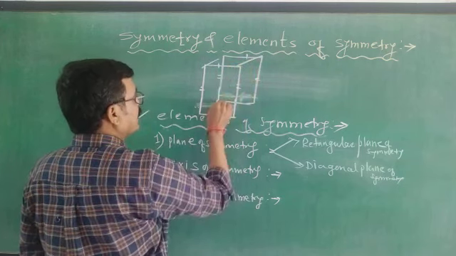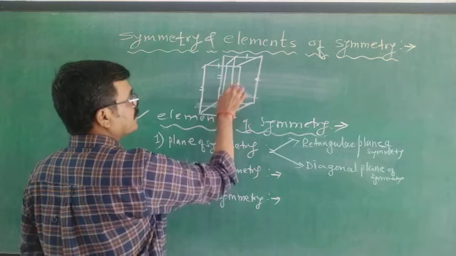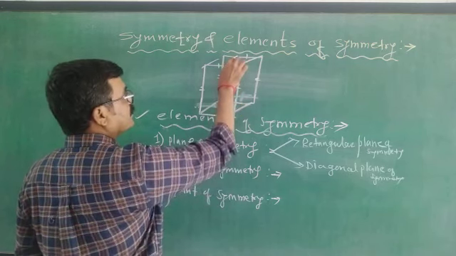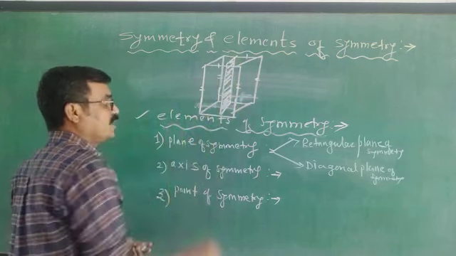Now here, if such a plane is drawn from the center of opposite faces in the rectangle, which divides this rectangle into two equal parts, it is a rectangular plane of symmetry.